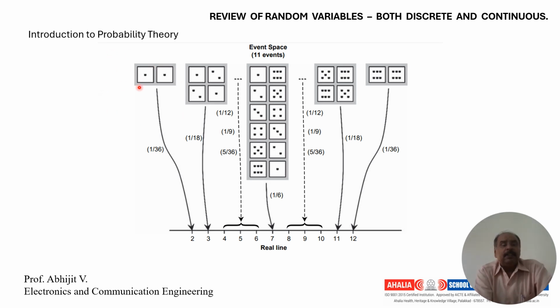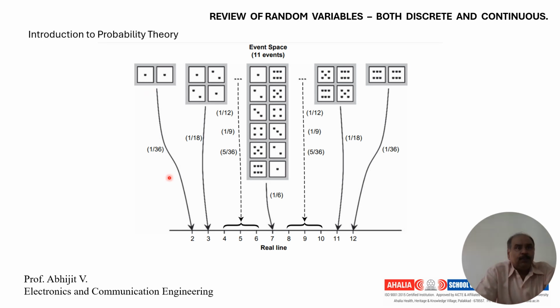1 by 36 is the possibility of getting 2 when a die is thrown, right? A die is thrown 2 times. The possibility of getting both the die values to be 1 is 1 by 36.